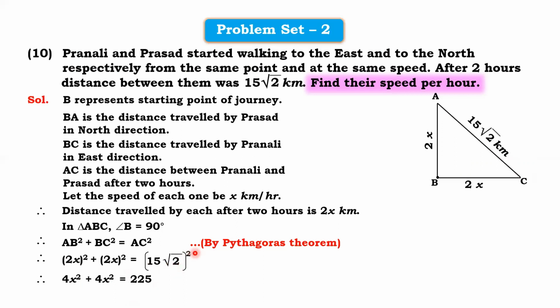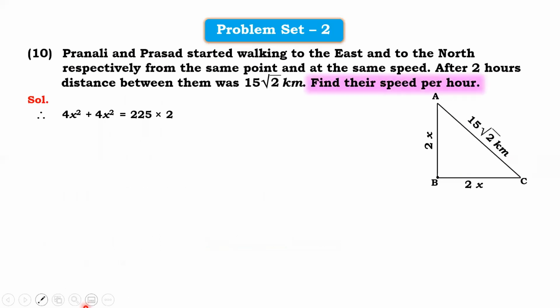So square and square root get nullified, so 225 into 2, right? So now if you add 4x square plus 4x square, it is 8x square. So here we can say 8x square is equal to 225 into 2.